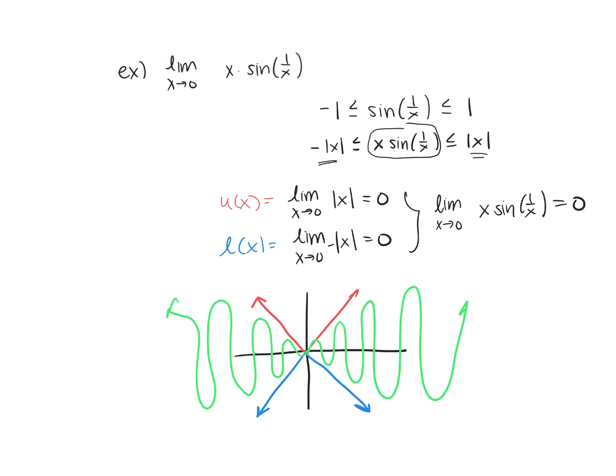But it always lives in between this red line and this blue line. And so at 0, this function is undefined because of the x in the denominator there. But as we get closer and closer to 0, the values of this function must be getting closer and closer to 0 as well, just because it's stuck with the red line above it and the blue line below it, and those lines are converging to 0 at that point.